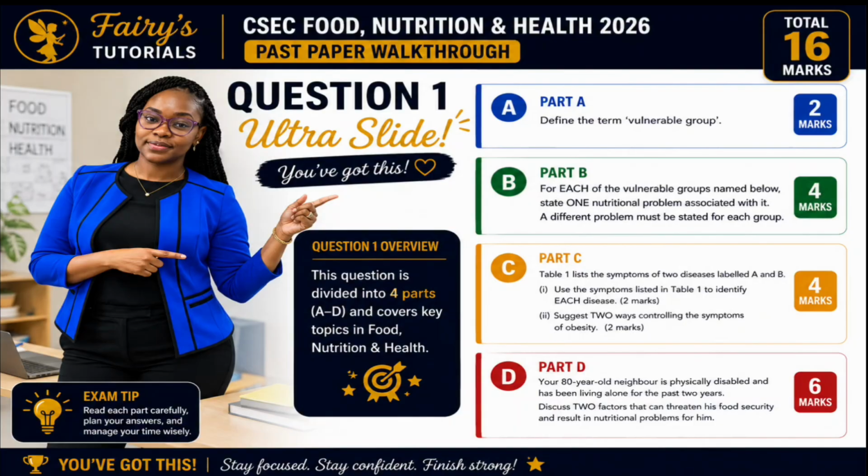And that is valued at 2 marks. Part D, your 80-year-old neighbor is physically disabled and has been living alone for the past 2 years. Discuss 2 factors that can threaten his food security and result in nutritional problems for him.